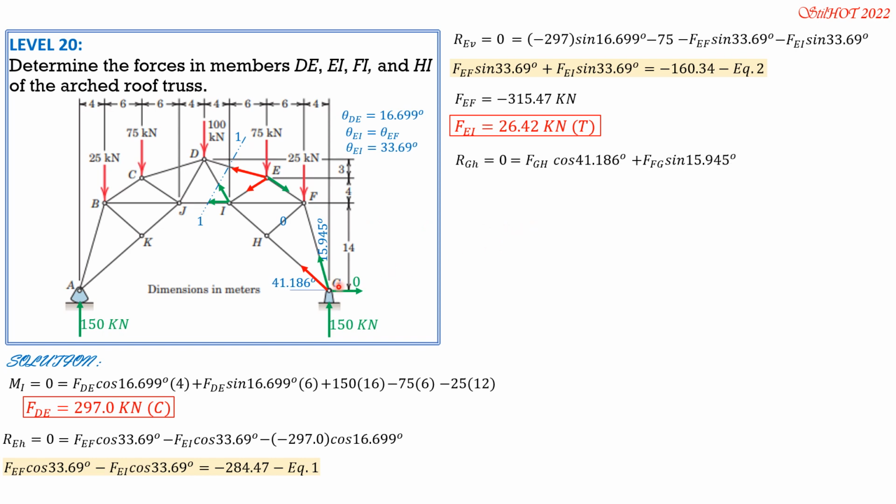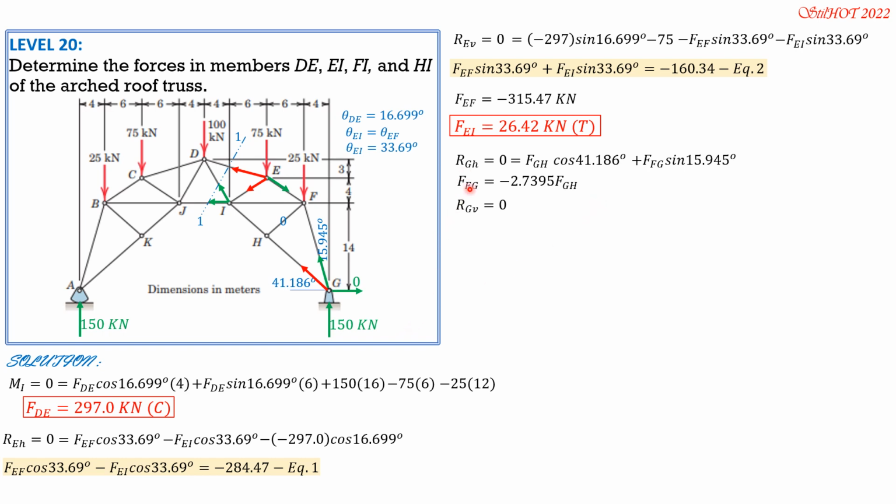So those are the forces involved because this is 0. So we express FFG in terms of FGH. So it is negative cosine 41.186 over sine 15.945 degrees. So FFG is negative 2.7395 FGH.